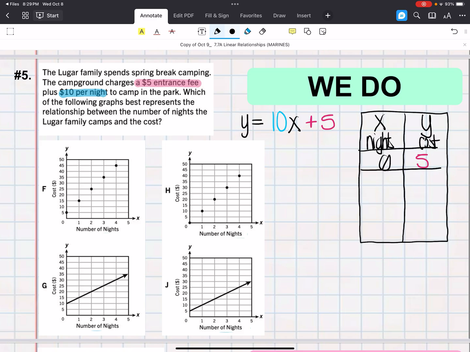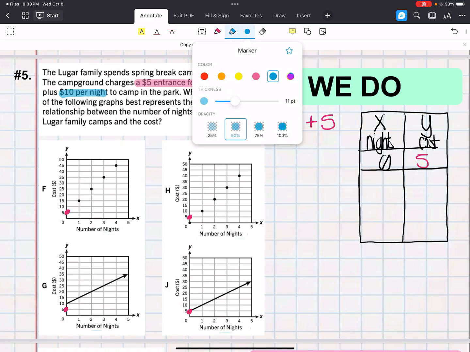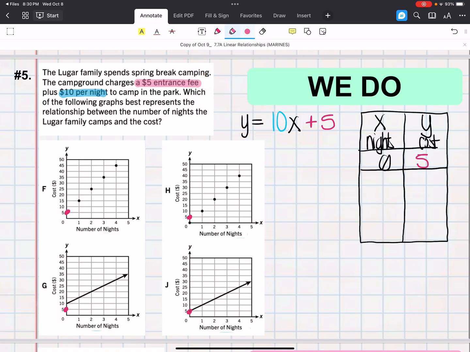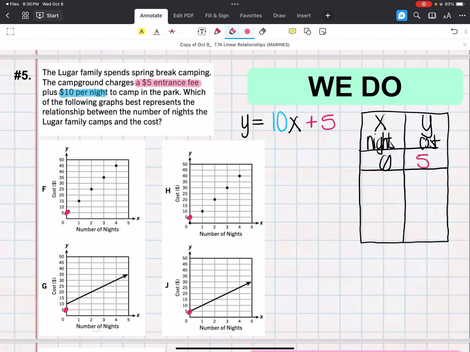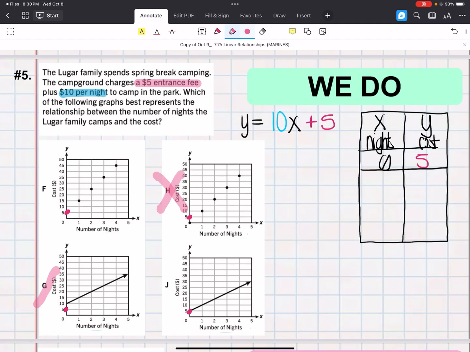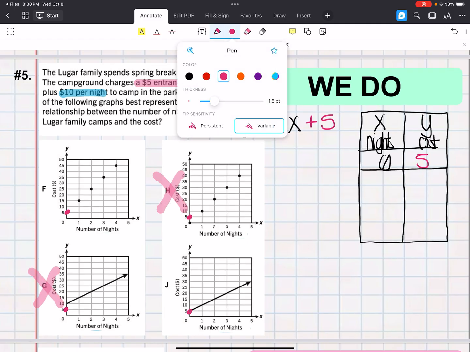So this is letting us know our initial amount. Now that we've identified our first ordered pair, look at your graphs. And you'll notice there's only two that have when X is 0, Y is 5. Therefore, you can eliminate G and H.